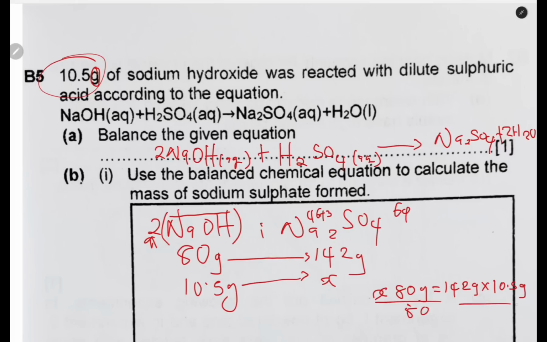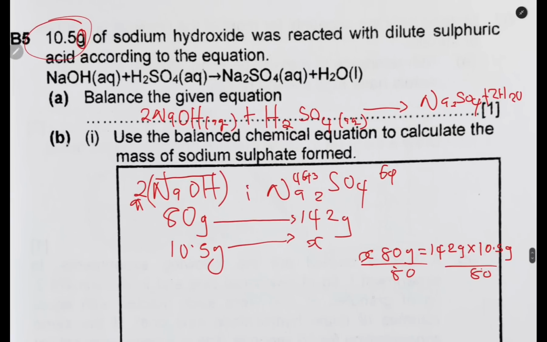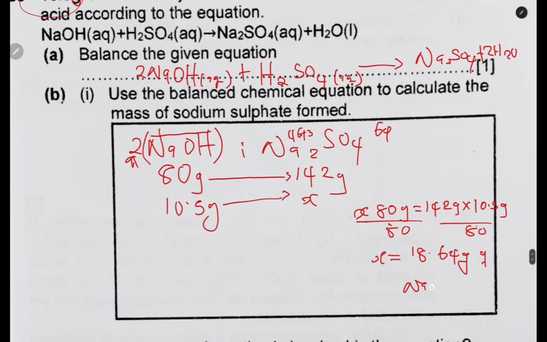Divide by 80, divide by 80. Then x is equal to, for me I'm able to find 18.64 gram of sodium sulfate. What are you able to find? So that is how you simply find the mass.